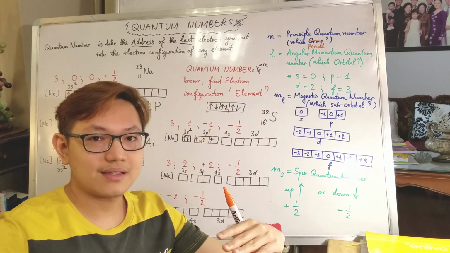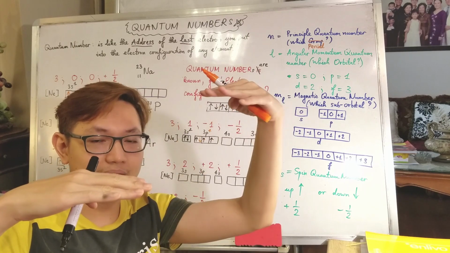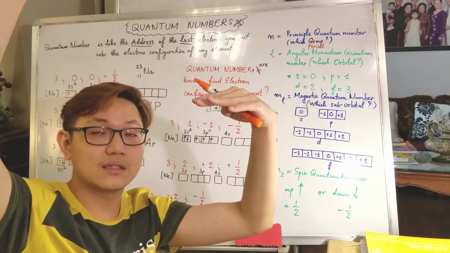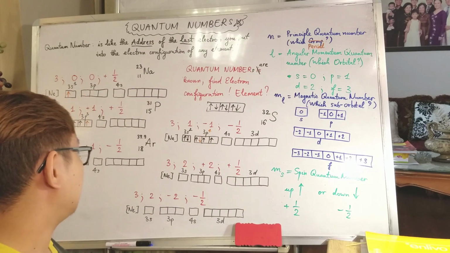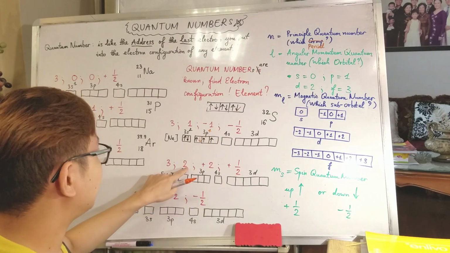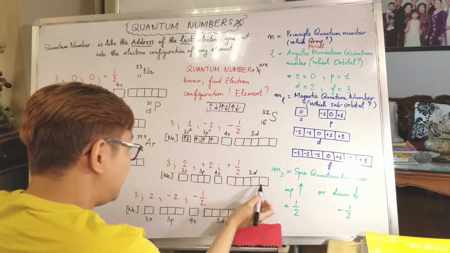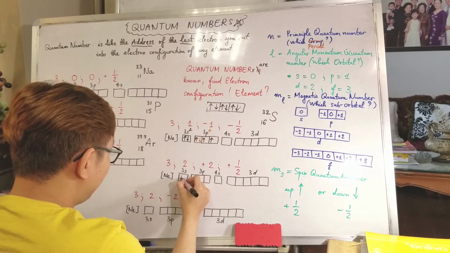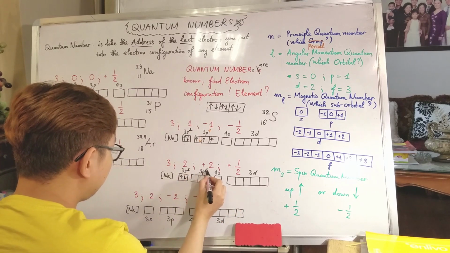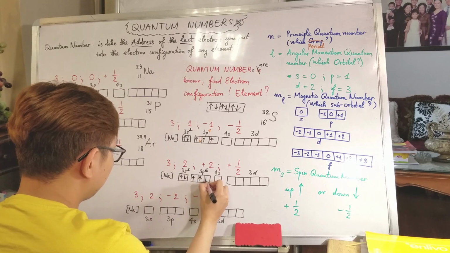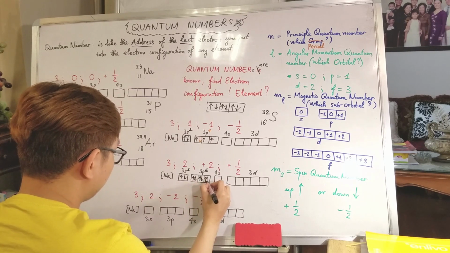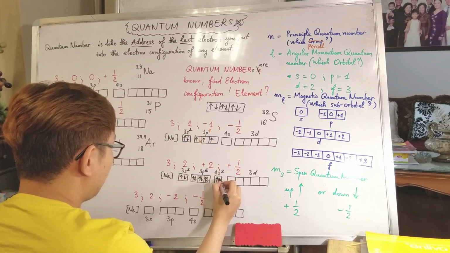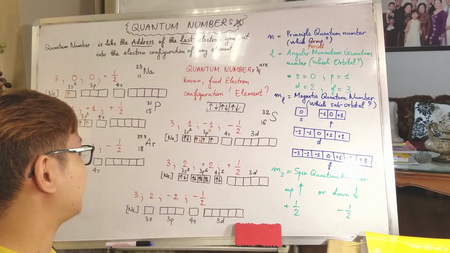So 3s, 3p, 4s, and then 3d. It's like this. Okay. So it lies in D, right? It means that all of these things have to be filled already before you reach the 3d.